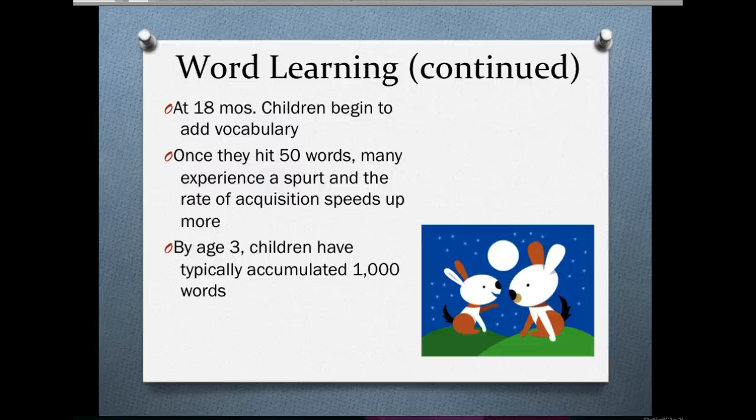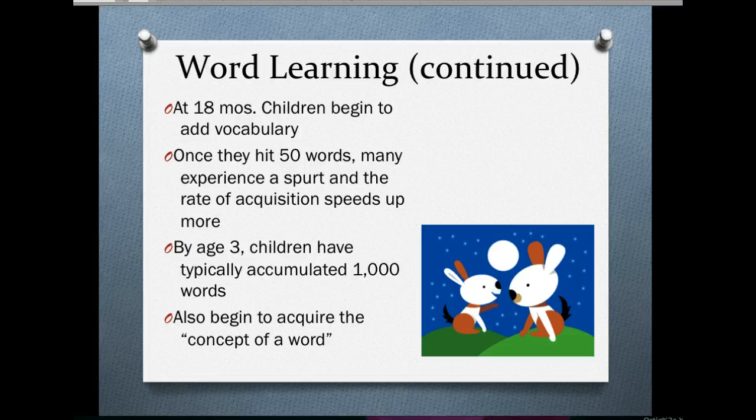Now, this may not be the case for all children, and this really depends on the environment that they are growing up in. So this statistic is based on a middle-class family. And lastly, they also begin to acquire the concept of word.